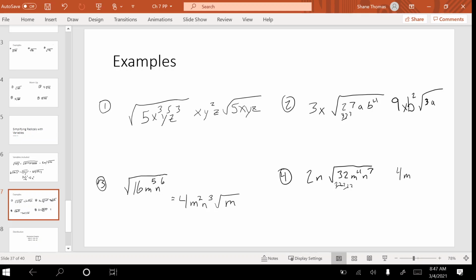I'm going to have M squared, and then N to the third, leaving me inside with a 2 and an N. Now I also have that 2N out front, right? I'm going to bring it back into the fold now. 2 and 4 is 8. M's, I still have 2. N's, I have 1 here and 3 here, so I'm going to have N to the fourth, square root of 2N.